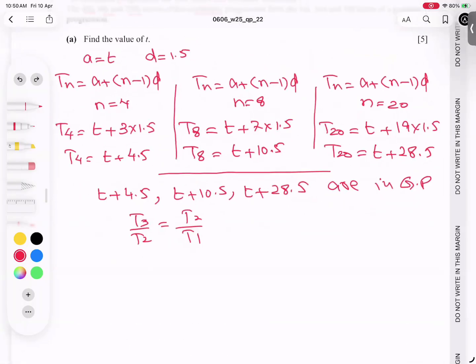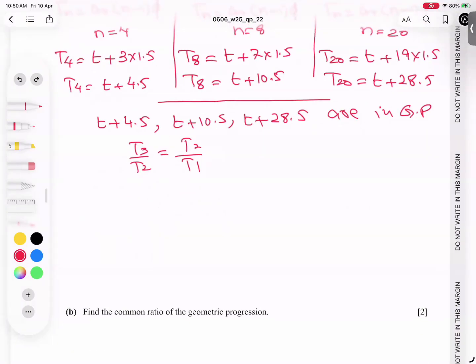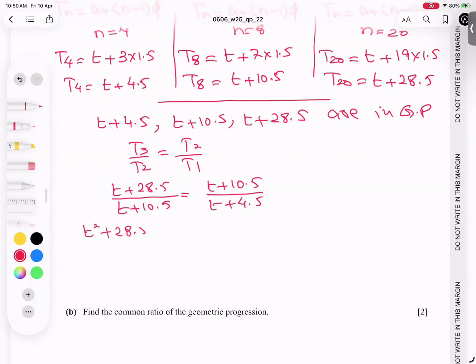So this will go up, and I'm writing now in the same order. So I'm looking for the t value. So I'll get from here t plus 28.5. The second term is this, which I'm writing, t plus 10.5, and t plus 10.5 over t plus 4.5. Cross multiply: t times t, I'm getting t square and 28.5t and plus 4.5t. And what is 28.5 into 4.5?